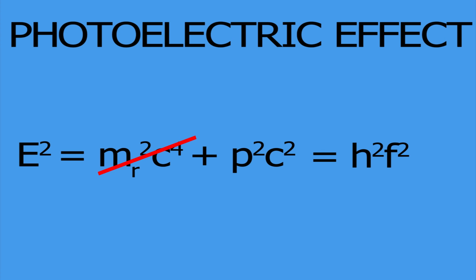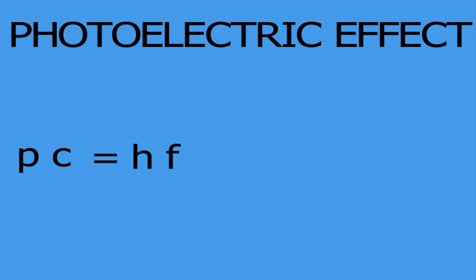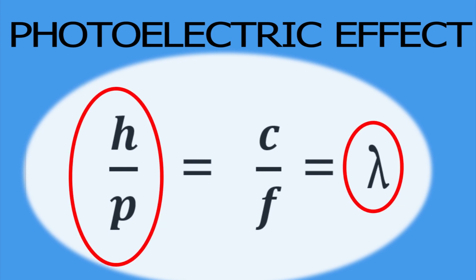Substituting equation 1 and 2, we see that h squared f squared is equal to p squared c squared. Taking the roots, we can rearrange the equation and conclude that h upon p is equal to c upon f. We know the speed of light is lambda multiplied by frequency, hence c upon f has to be equal to lambda. Using this equation, de Broglie concluded that if an electron has a wavelength, it has to be equal to h upon p.